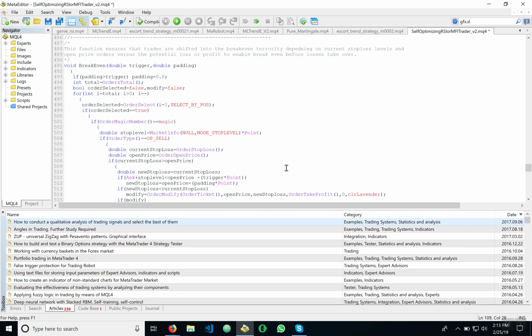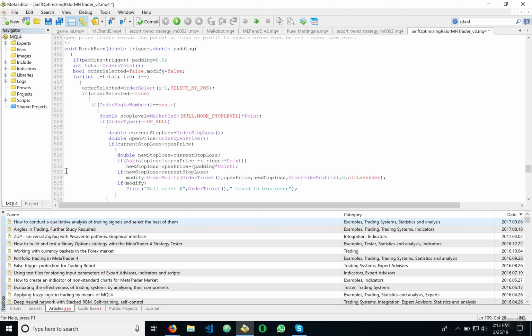And what it basically does is it checks the padding versus the trigger, and if the padding is greater than the input trigger, then it triggers the break even, and upon trading, the expert advisor will make sure that there is potential to break even on trades more so than a runaway loss scenario or being aggressive towards trading for large levels of profits.